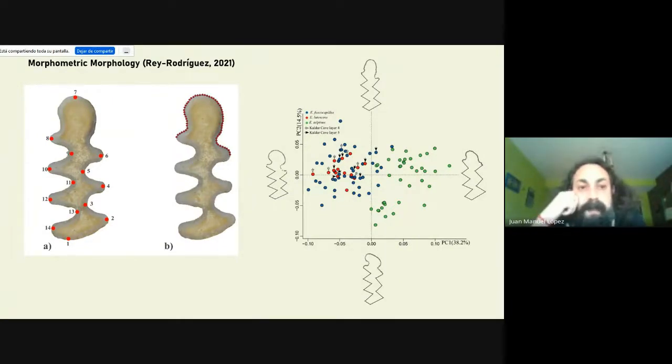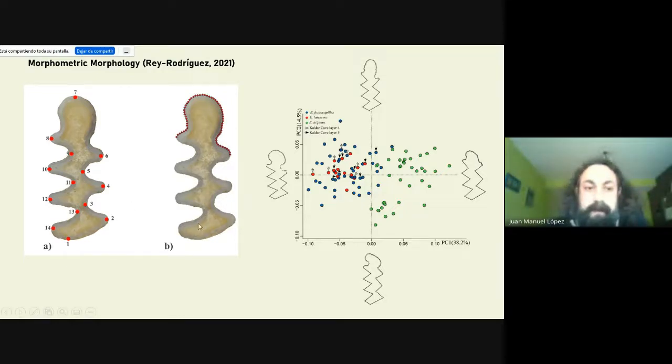Also, another kind of method that is being applied now for the study of small animals, in this case for the identification of some species, for example, is morphometric morphology. These are the PhD thesis from another of my students, Iván Rey Rodríguez, in 2021.